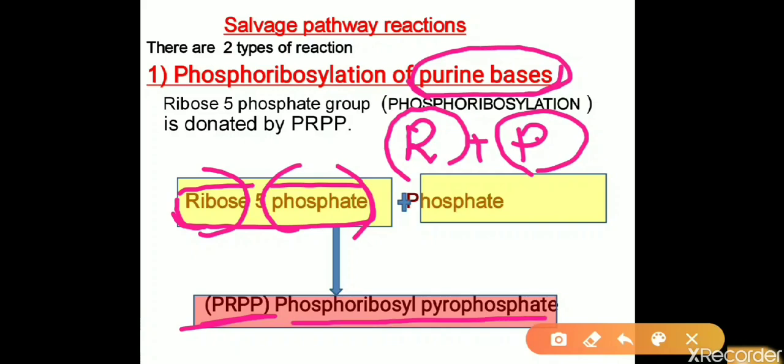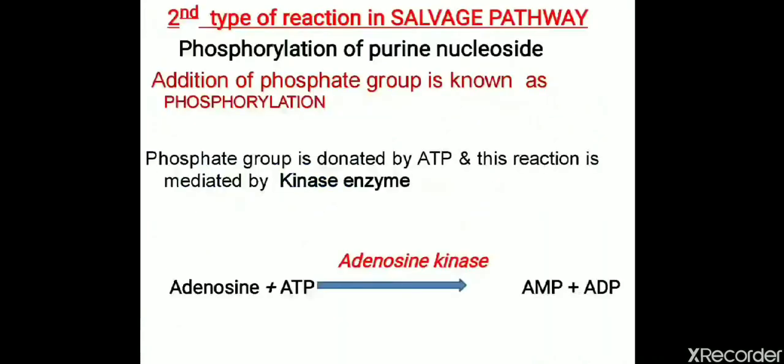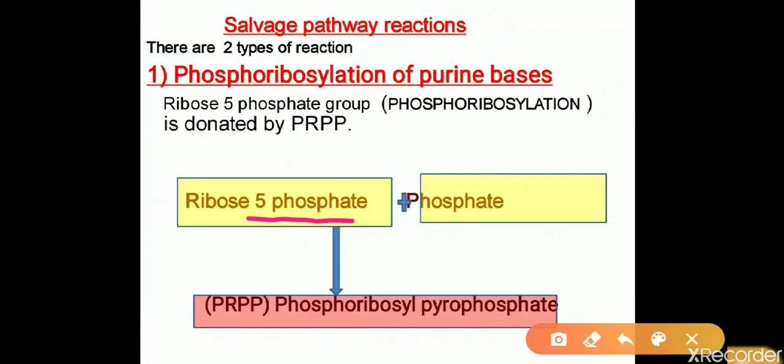Then you should know how this PRPP is produced in our body. So PRPP is produced from ribose 5-phosphate and a phosphate group. Here the phosphate group is contributed by ATP.